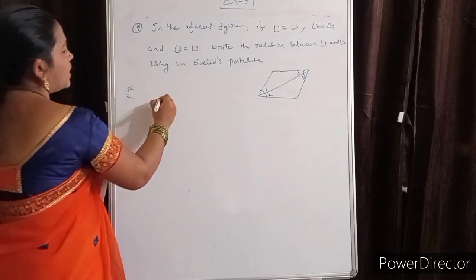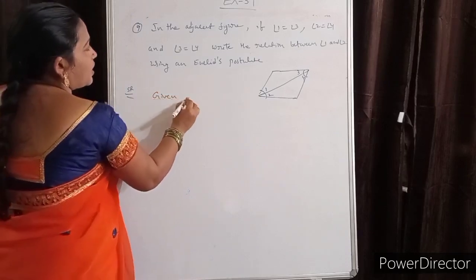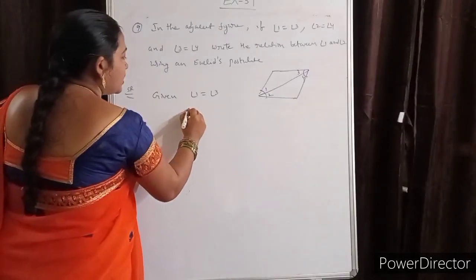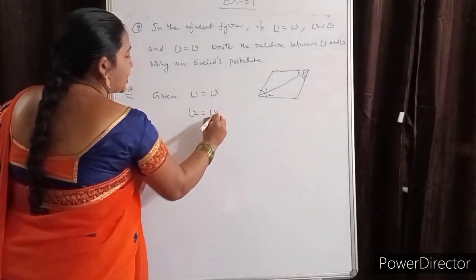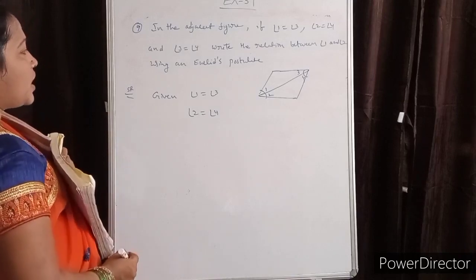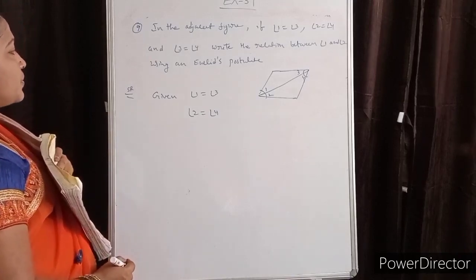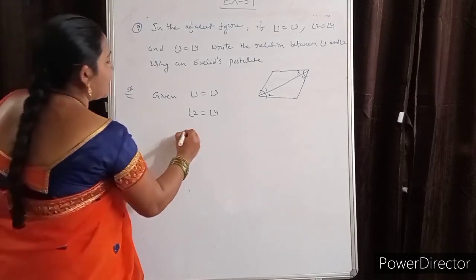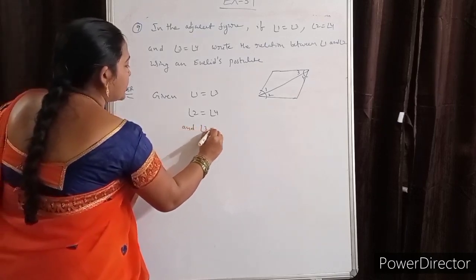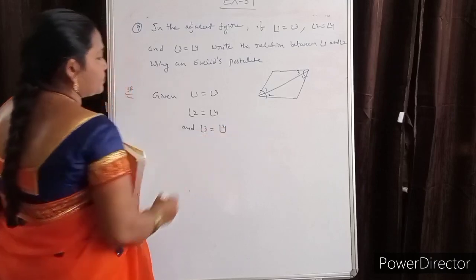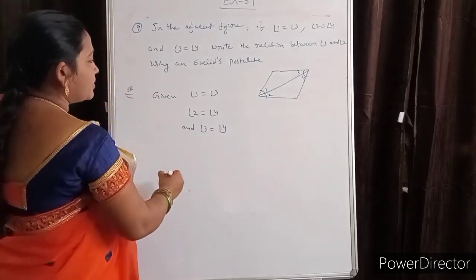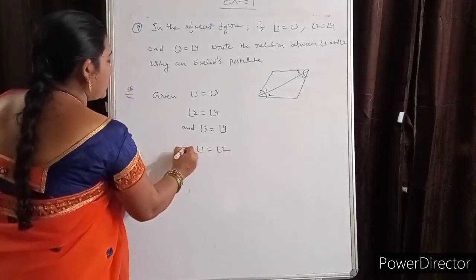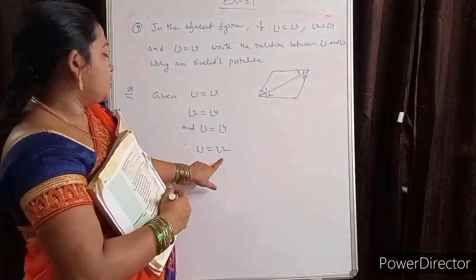Given angle 1 is equal to angle 3 and angle 2 is equal to angle 4. And angle 3 is equal to angle 4. Then angle 1 is equal to angle 2.